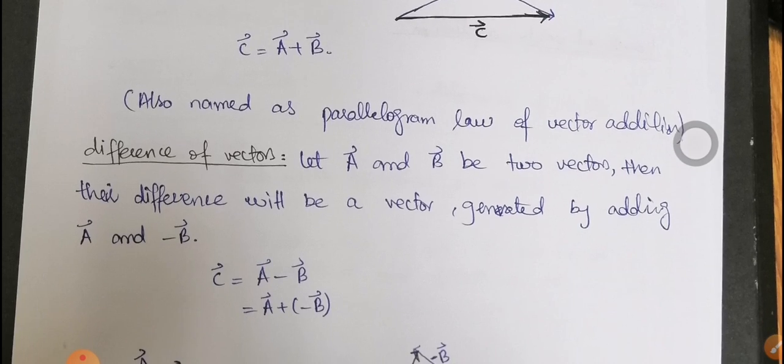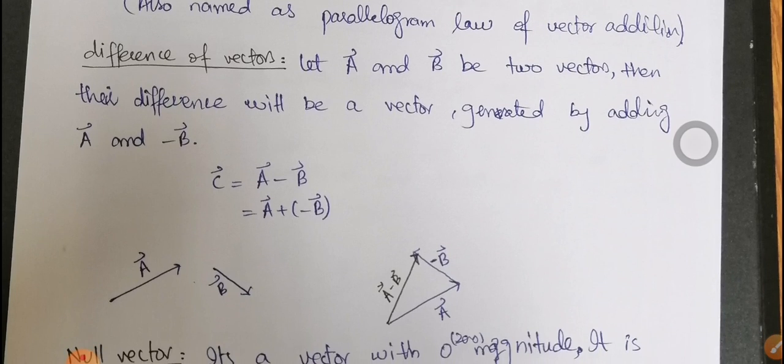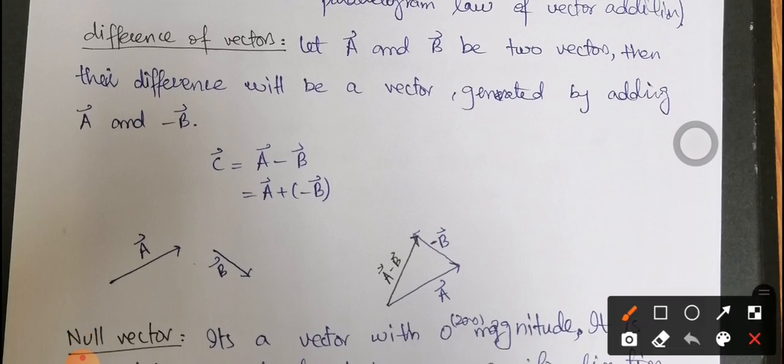Next we have the difference of vectors. It is simply the addition of vector A and the negative of the other vector. Let A and B be two vectors, then their difference is denoted by A minus B, and you can see that it is the addition of A and negative B, so A plus minus B. If this is vector A and this is vector B and we have to find the difference of the two vectors, we are going to add A and minus B. Here you have vector A and you can see that vector B is in downward direction.